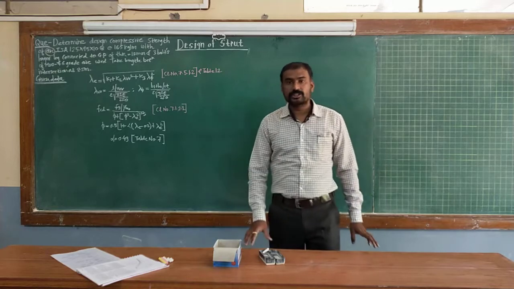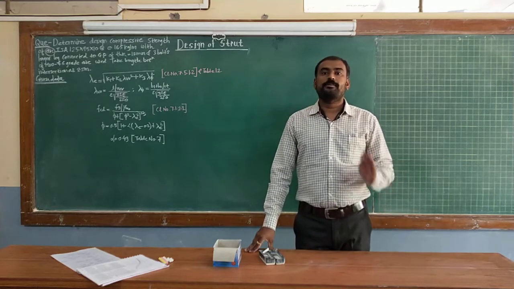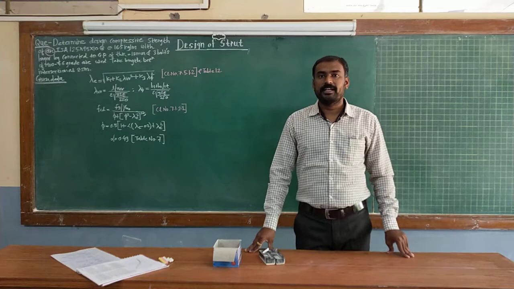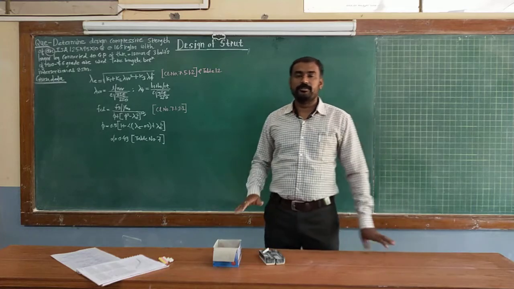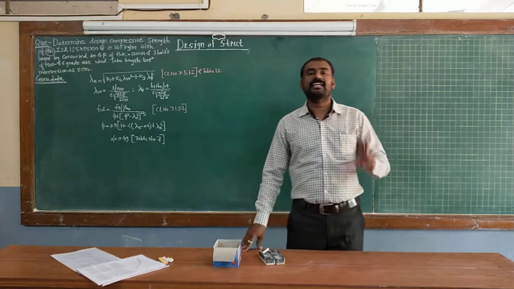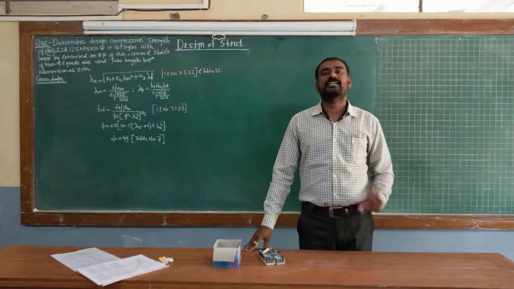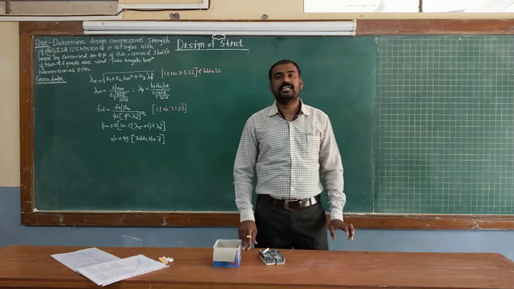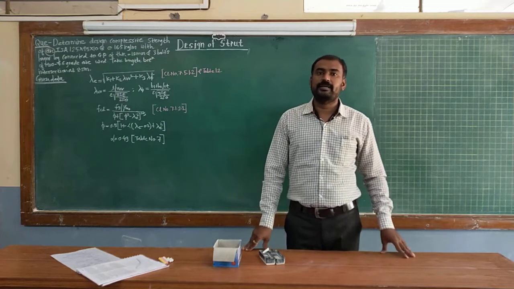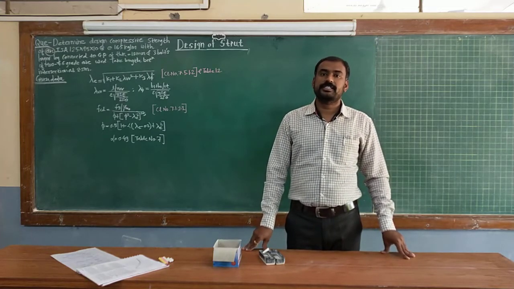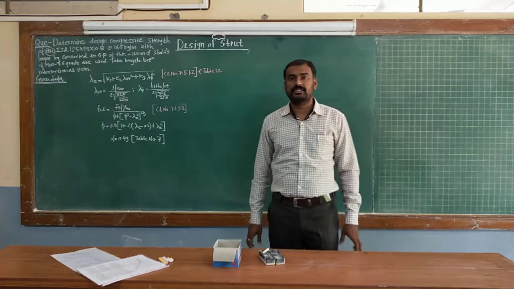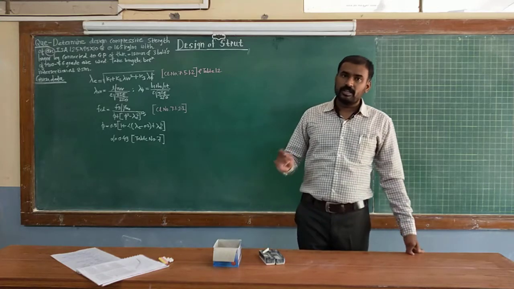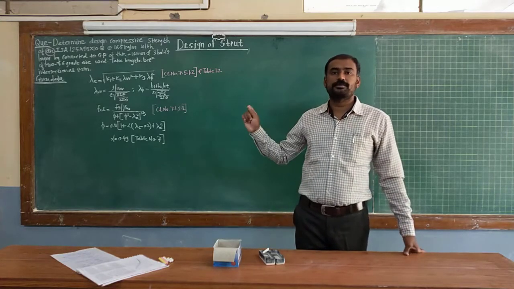Here, calculation of the effective length for the compression member is an important step, and the classification is based on whether it is a single angle connected section or a double angle connected section. In case of a double angle section, we have to consider the effective length as 0.7 to 0.85 times the distance between the intersections, while in case of a single angle section the effective length will be 1.0 times the distance between the intersections.